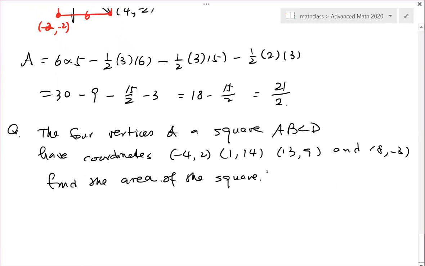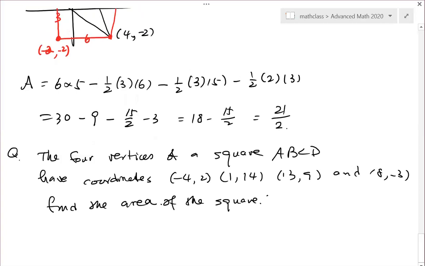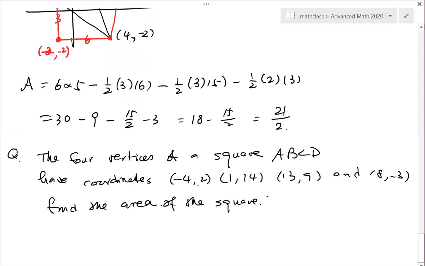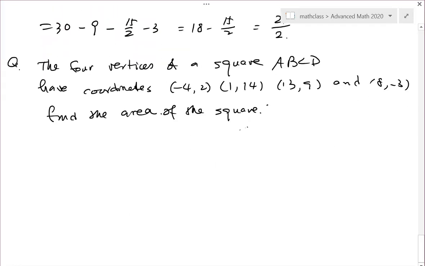Okay. So you're given information here, right? -4, 2, and so you don't need to verify it's a square. You already were told that it's a square. So the question is, how do you find it? What is the best way to find it?